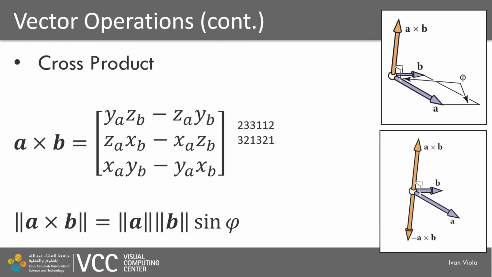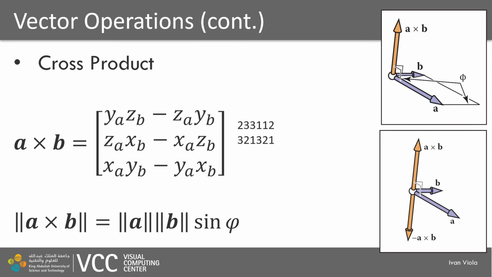Dot product is not the only product operation on vectors. We also, for example, know the so-called cross product, and the outcome of the cross product is not a scalar value, but actually another vector.